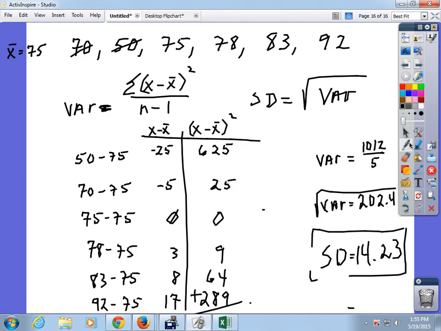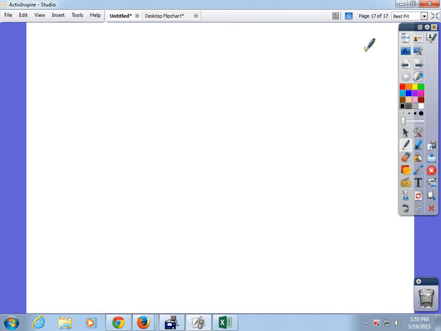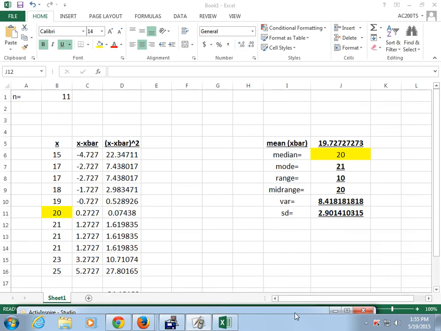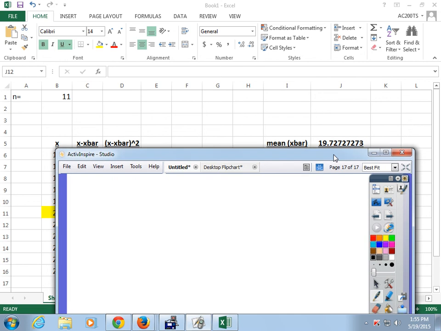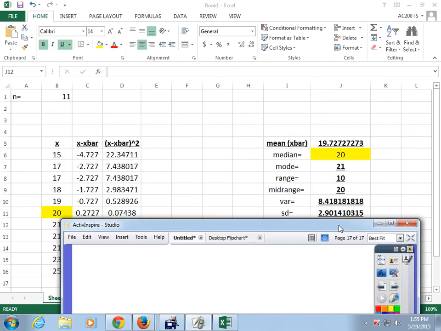So, let's do that. Our mean is what? What was our mean? I'm going to say our mean was 20. And our standard deviation is 3.